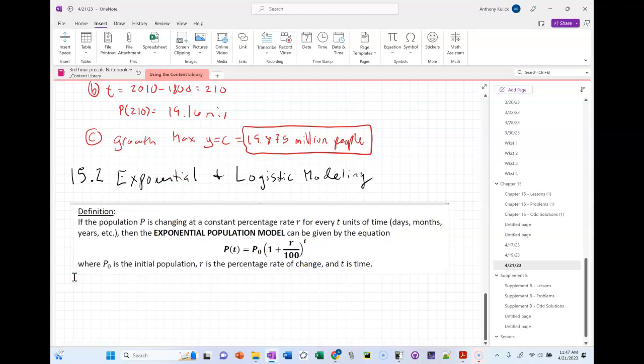So if the population P is changing at a constant percentage rate R for every T units of time, whether that's days or months or years, then the exponential model can be given by the equation P of t equals P naught times (1 plus R over 100) to the T, where P naught is the initial population, R is the percentage rate of change, and T is time.